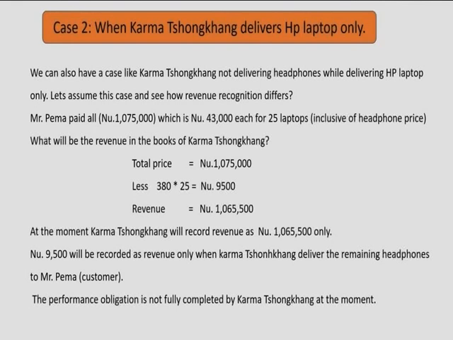So at the moment, Karma Hong Kong will record revenue as 1,065,500 only. The 9,500 will be recorded as revenue only when Karma Hong Kong delivers the remaining headphones to Mr. Pema. The performance obligation is not fully completed by Karma Hong Kong at the moment.